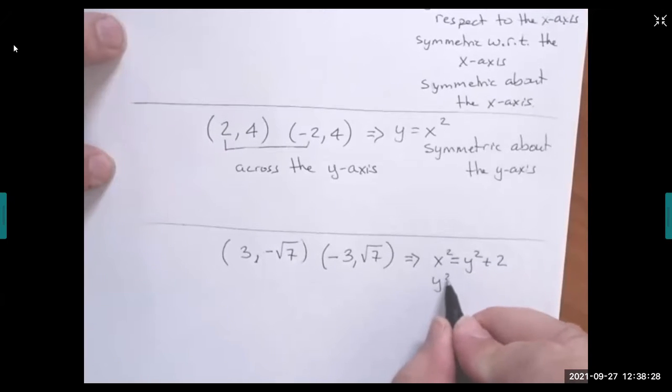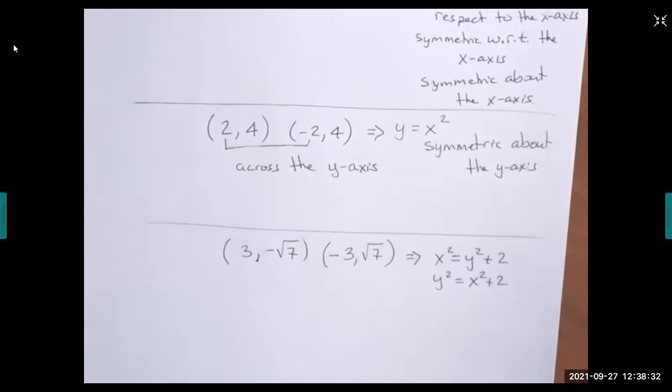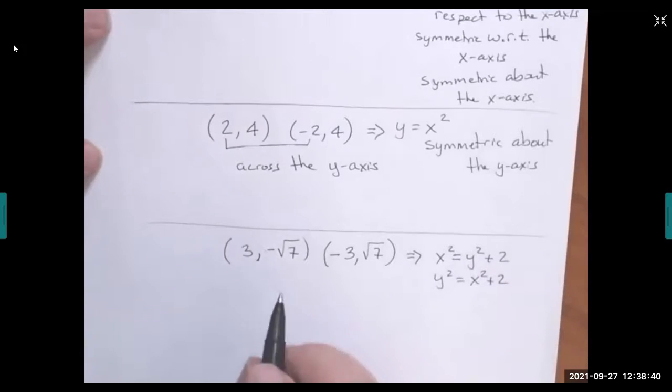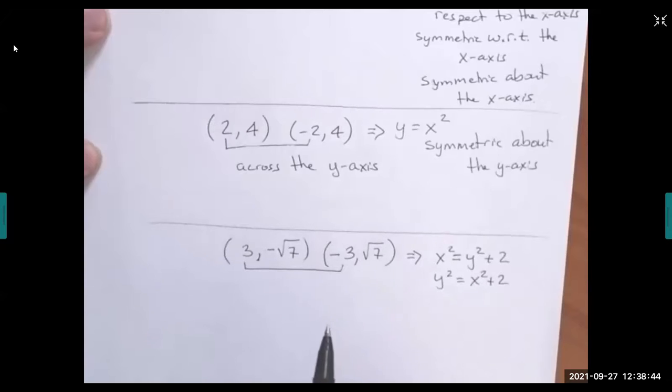They're both the same type of function. In this one, both the x's change and the y's change.